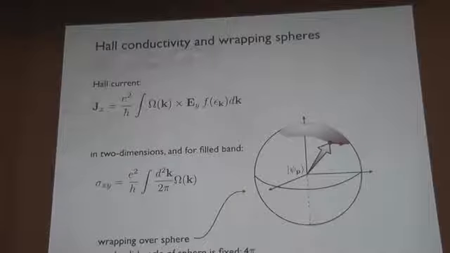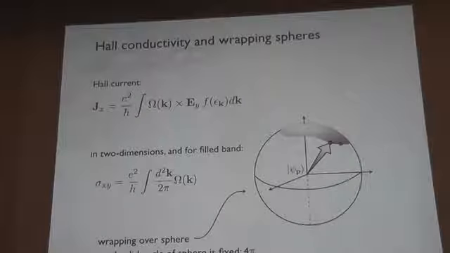I need to move my d vector, my wave function, all the way through the whole Bloch sphere. Wrapping across this whole sphere gives me a fixed total solid angle, which is 4 pi. So if I integrate the Berry curvature for a filled band, I get some kind of quantized Hall conductivity.